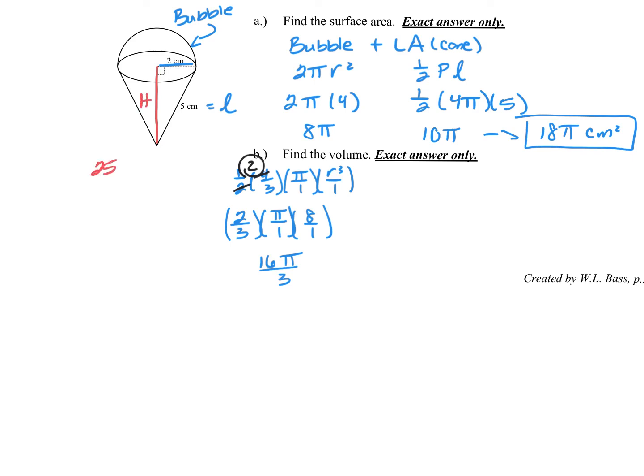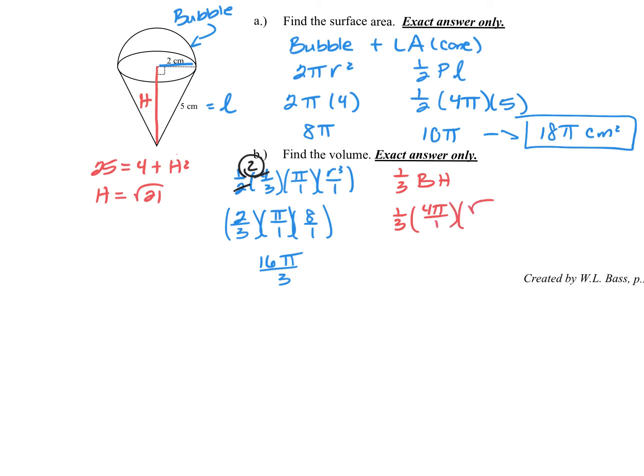That's going to give me a 25 and a 4 and my h squared. So my height is going to be the square root of 21. So now, for my cone, I'm going to do 1/3 my base times my height. So I'm going to have 1/3. The area of my base is 4 pi.